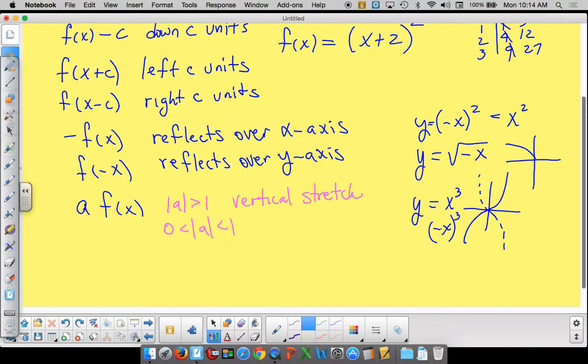It won't rise as fast, and consequently a parabola will get very wide, because it won't be going up very quickly. The technical name is vertical shrink. In my case, I really don't care if you call it vertical stretch or shrink. I just want you to be able to draw the graph and know what to do with it.